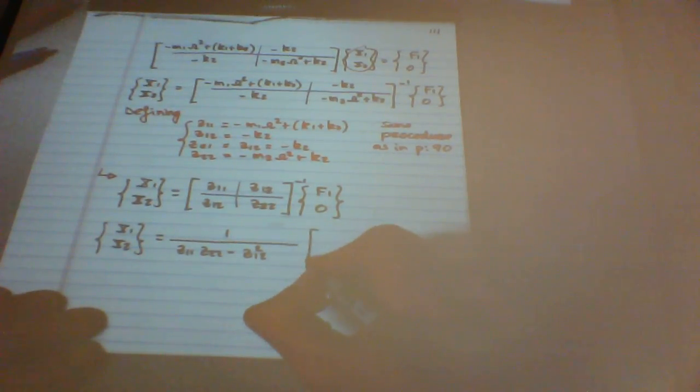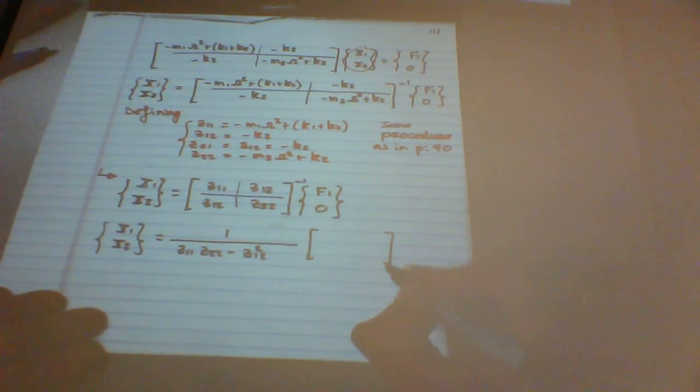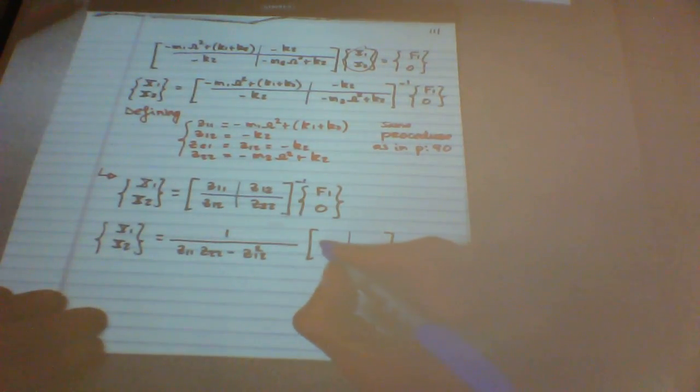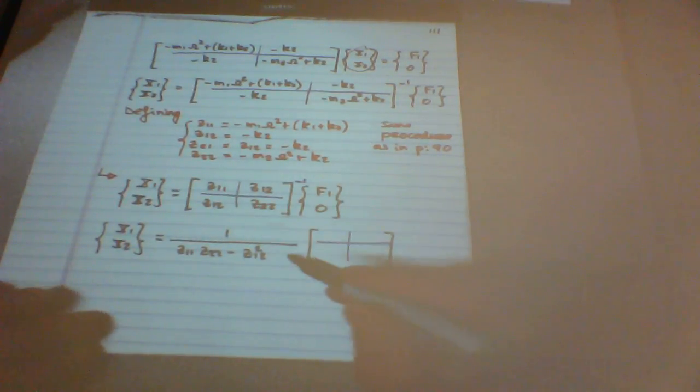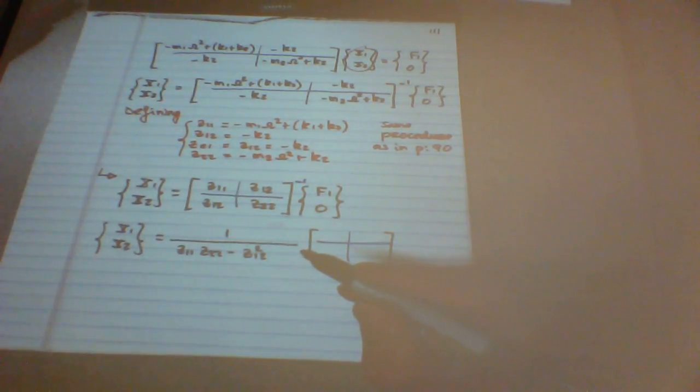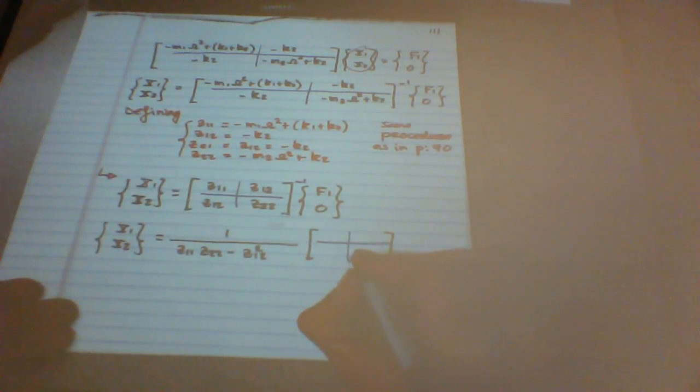And then we basically needed to switch this one, almost like rotating 90 degrees. So it would be Z11, Z22, and then negative Z12 in the other two.